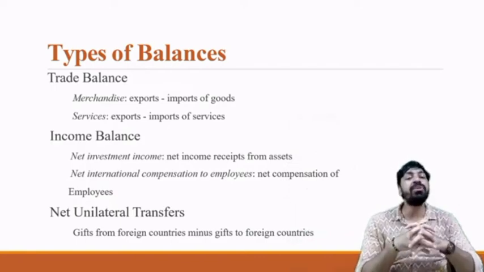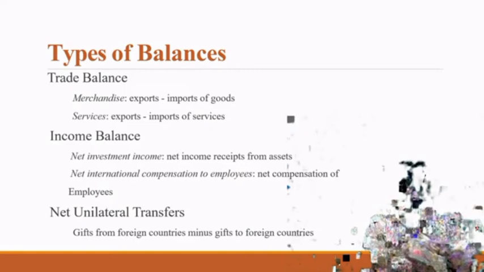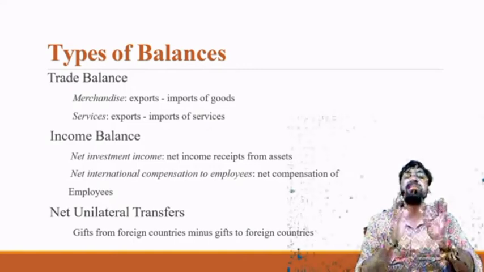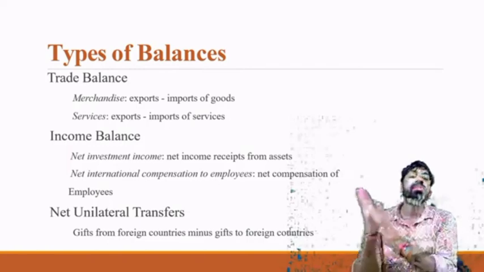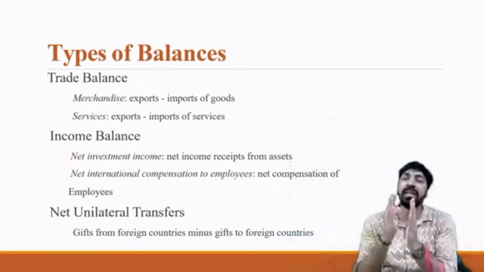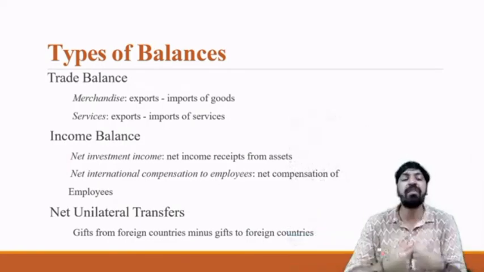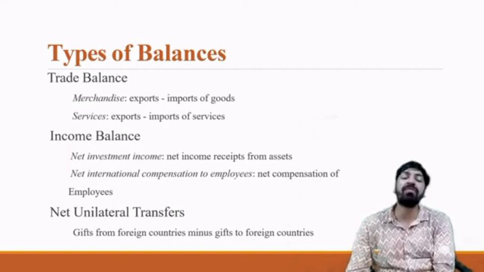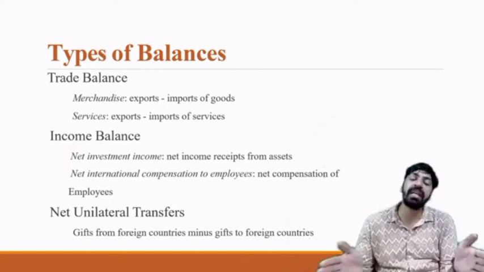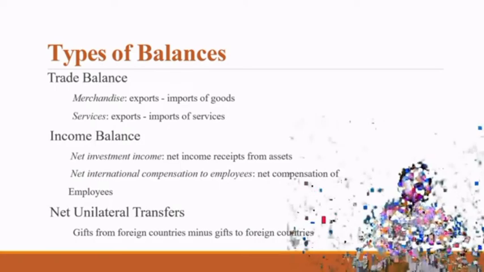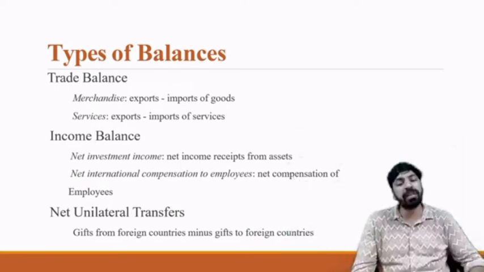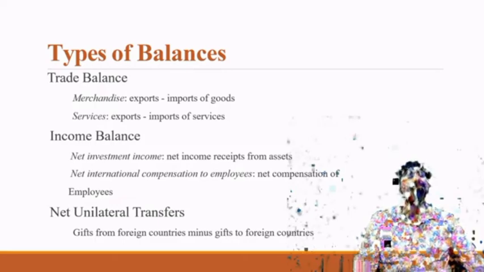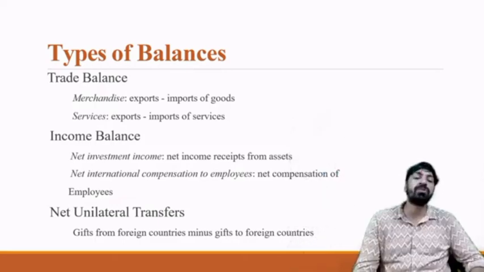The net unilateral transfer means the gifts received from foreign countries minus the gifts given to foreign countries. The difference between the two is the amount that comes under the net unilateral transfer.